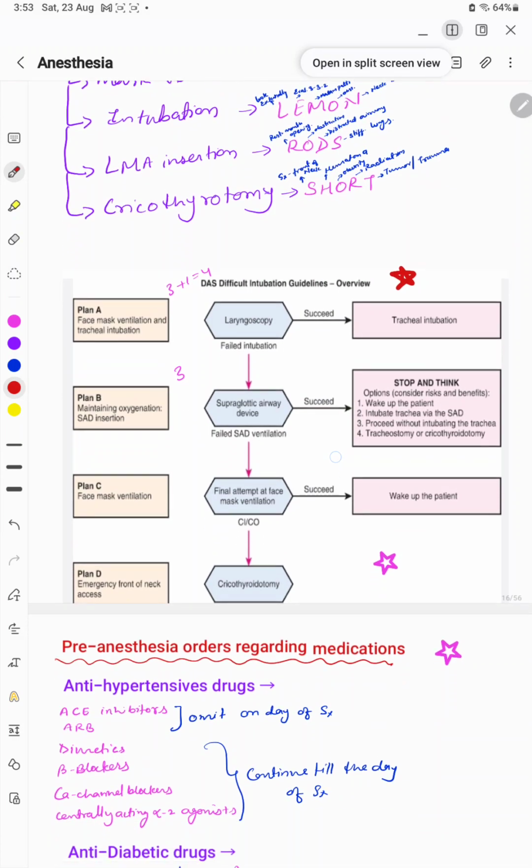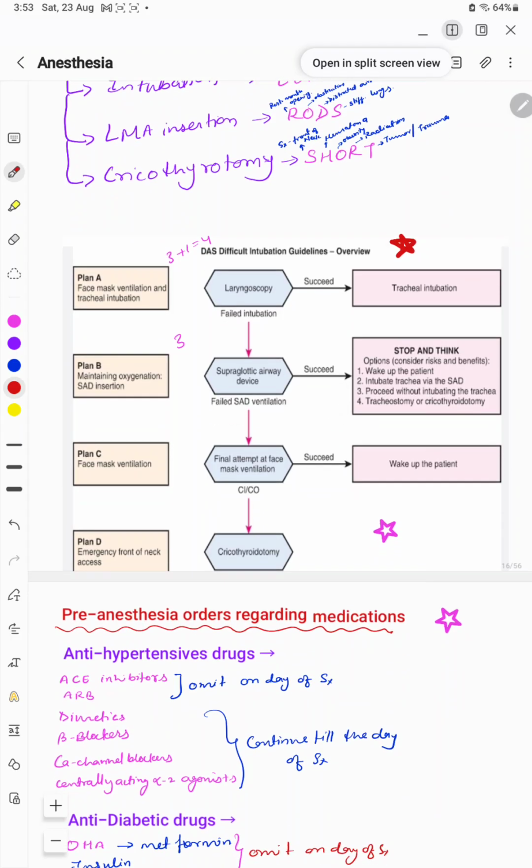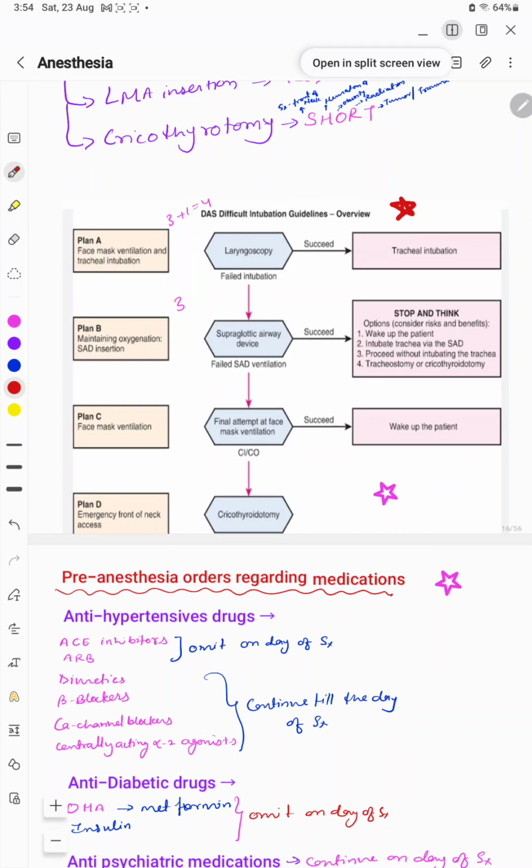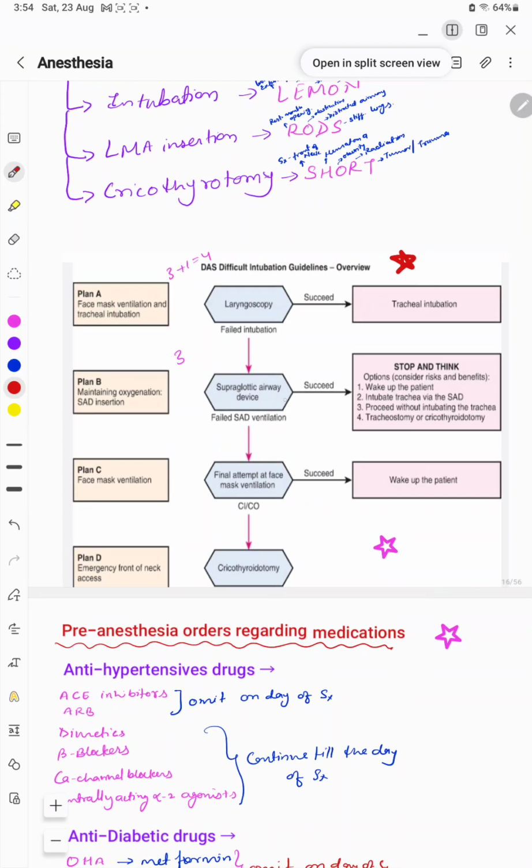3 times you do. If succeeded, it is okay. When you don't succeed, final attempt is face mask ventilation. If you succeed, now you don't need to do surgery. You need to wake up the person. Also, when you fail with the supraglottic device, you need to wake up the person.